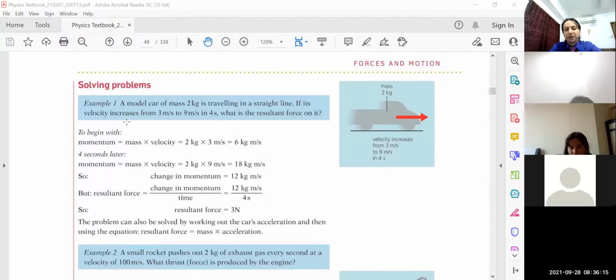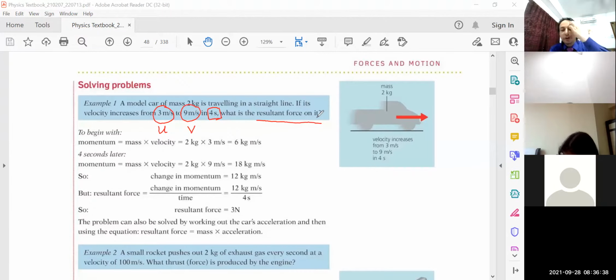Its velocity increases from 3 meter per second to 9 meter per second. So u, the initial velocity, is 3 and the final velocity is 9 meter per second. There is a change in velocity in a time period of 4 seconds. What is the resultant force on it?